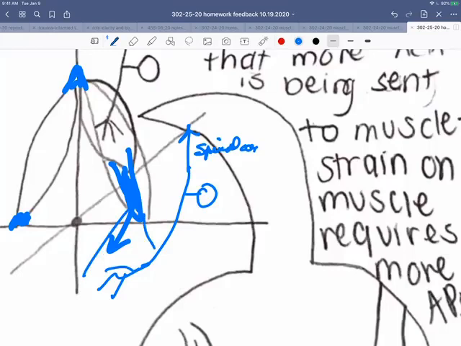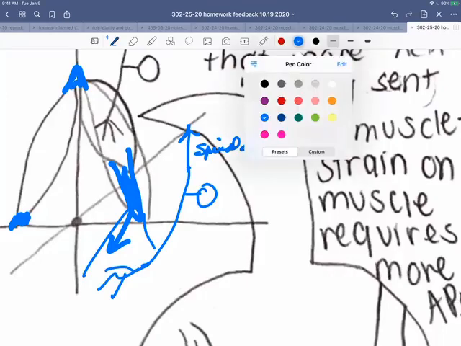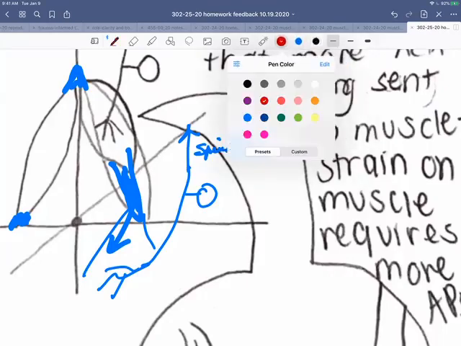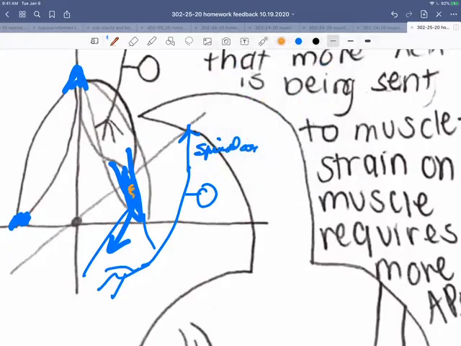And the sensory neuron in the tendon has these dendrites that are wrapped through the tendon, and when there's a high strain, that puts pressure on these tendons, and it opens stretch channels.